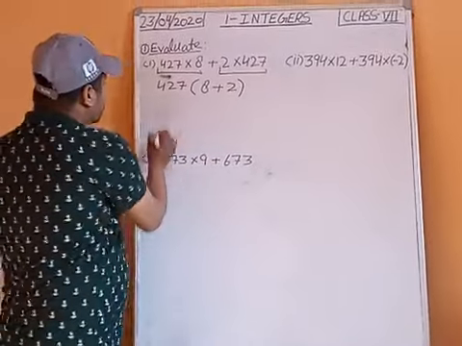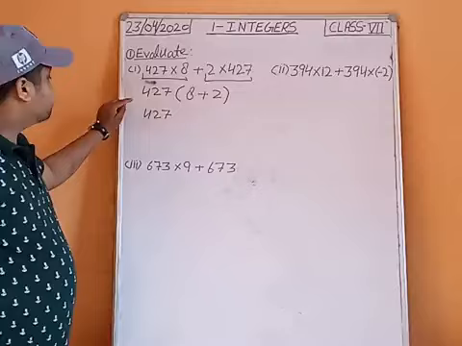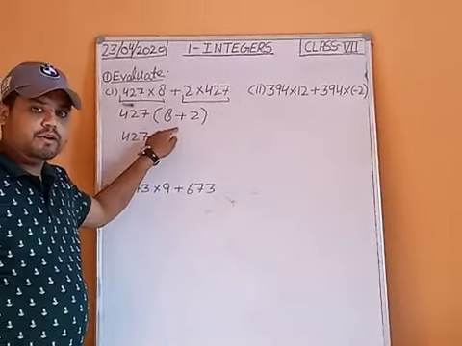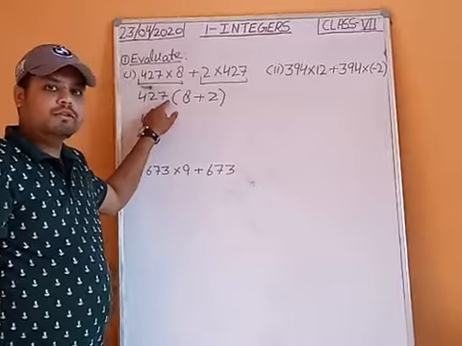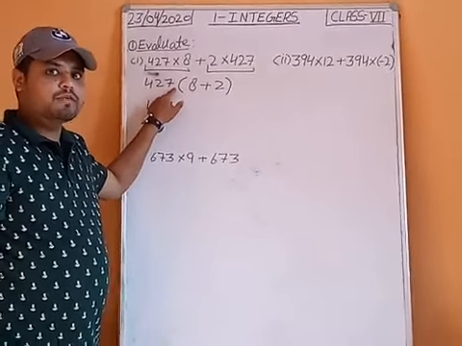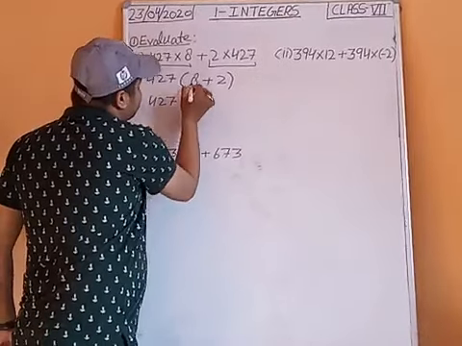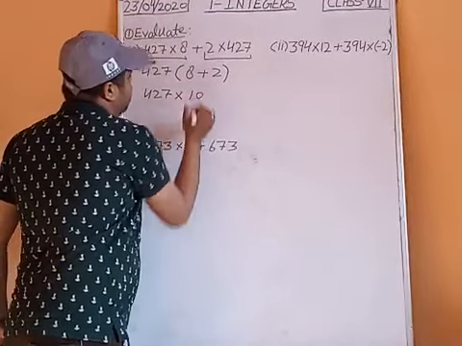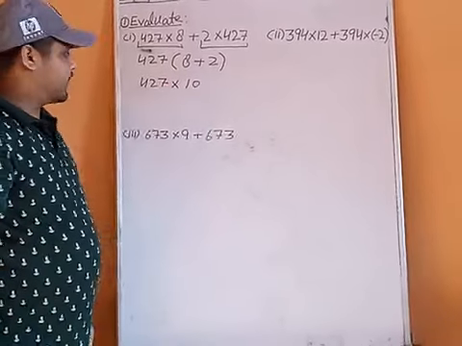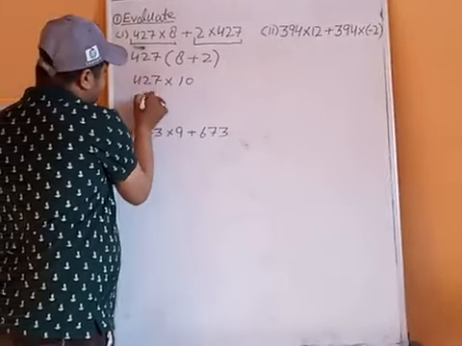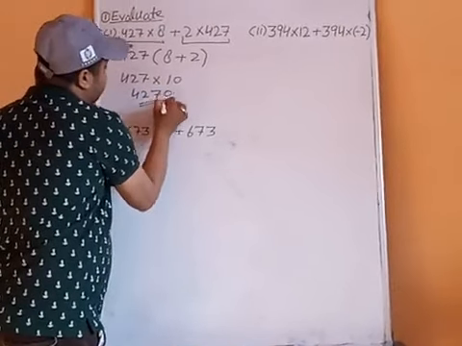Now, if between a number and a bracket no sign is there, then the multiply sign is there. So 427 multiply 8 plus 2, 10. Now we can multiply easily. So 4270 will be our answer.